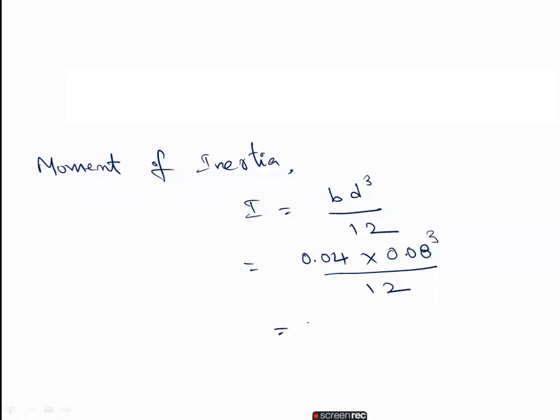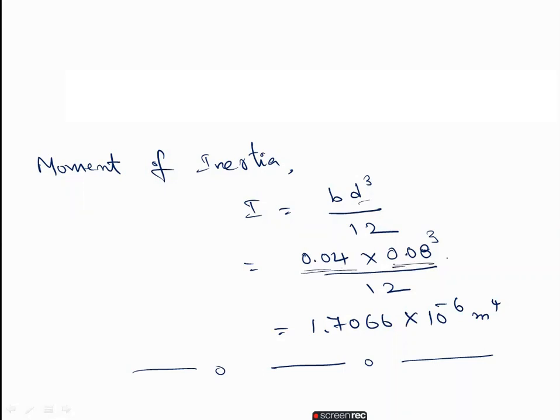So you will get the answer 1.7066 into 10 power minus 6 meter power 4. This is the moment of inertia calculation. The formula is BD cube by 12; we know B is 0.04 and D is 0.08, so if you substitute, you will get the answer like this.